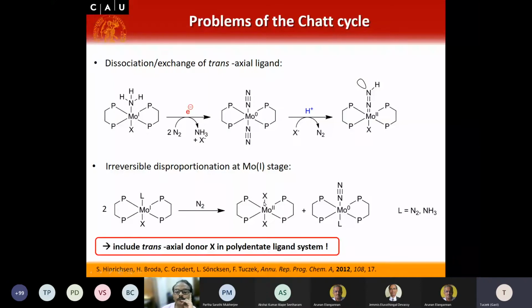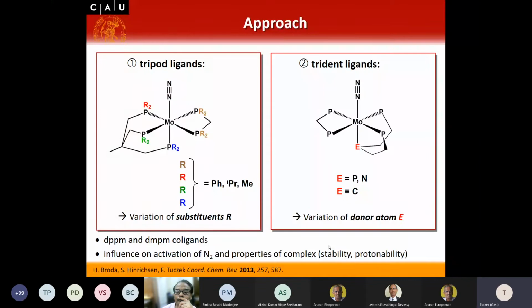So what we decided to do was to include this trans-axial ligand in a polydentate ligand system. And we started with two types of systems. Here you see these tripod systems with tripodal ligands, so a combination of a tripodal ligand and a diphos ligand. And here we looked at systems with tridentate ligands.